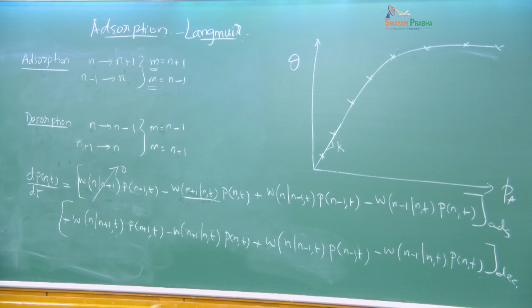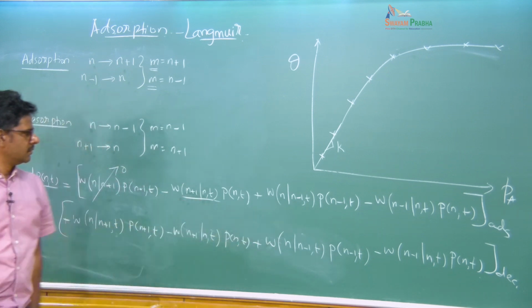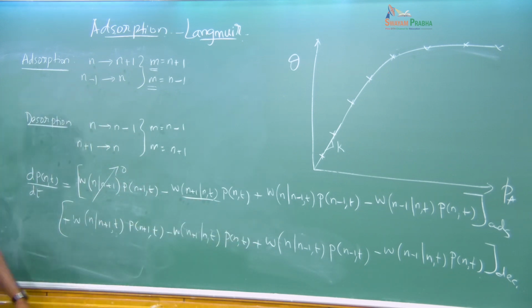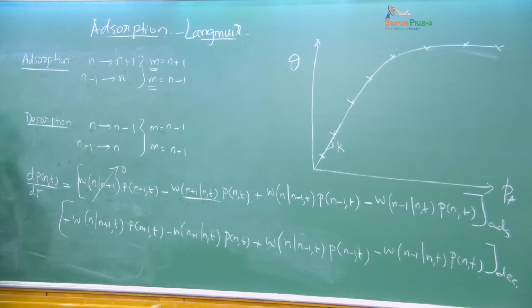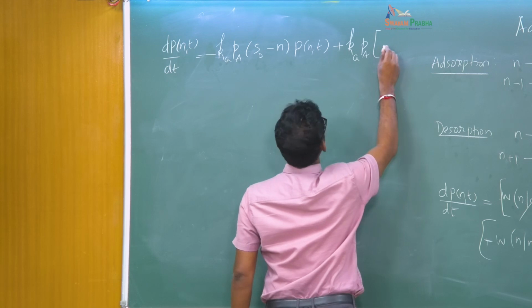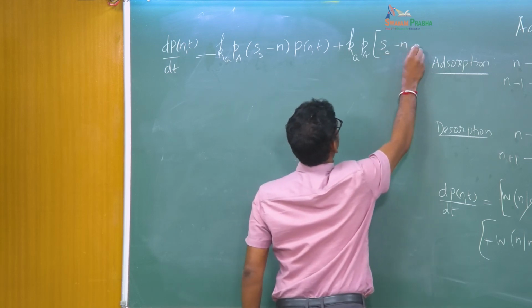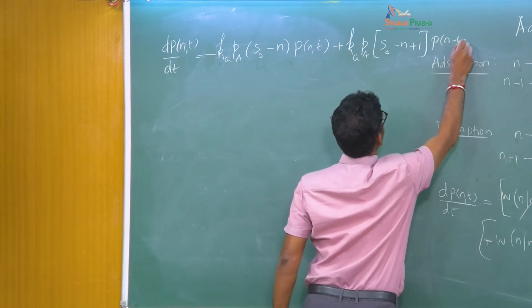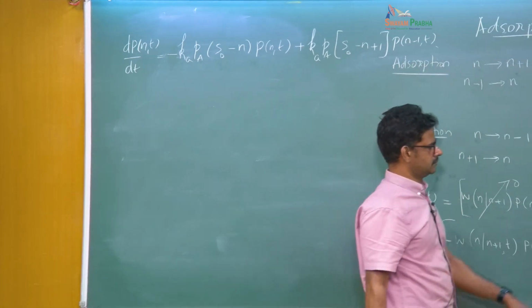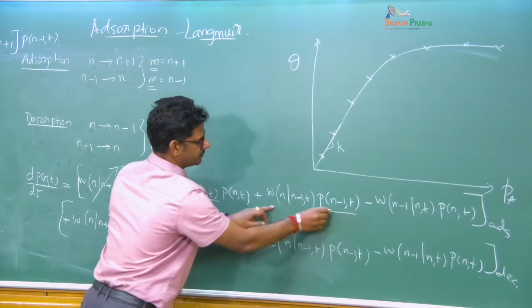So adsorption, so Ka, Pa, and I need the number of sites when the occupied sites are n minus 1. So this is going to be S naught minus n plus 1, times P of n minus 1 comma t. Okay. So this is taken care of.